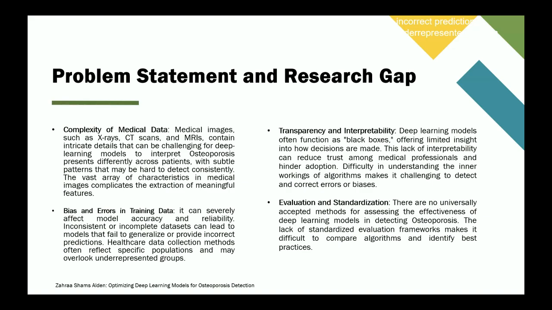Another problem is transparency, or interpretability, as we stated before. Deep learning is known as a black box. For the results of deep learning methods, for some of the treatments, we cannot express or interpret them, we cannot understand them, since we are not medical professionals as well.